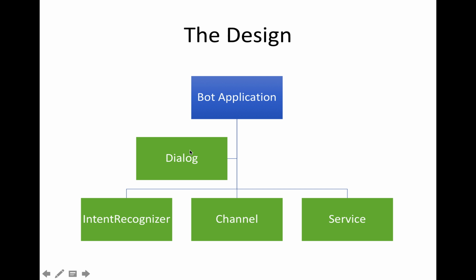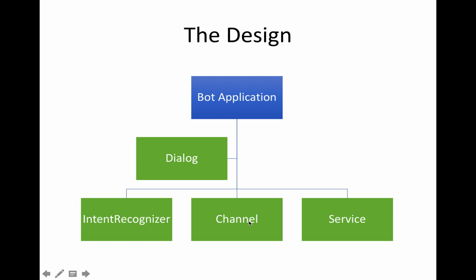The message is encapsulated in the dialogue, and such a message will go through the channel, and the channel will translate the message format from the user specific UI to the internal format, which can be recognized by the service or intent recognizer.